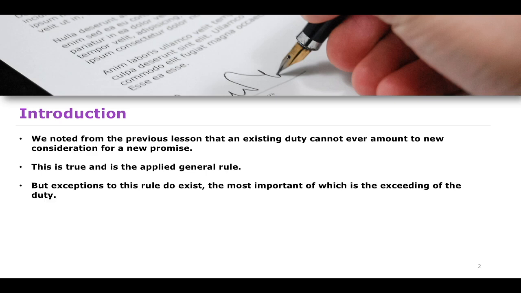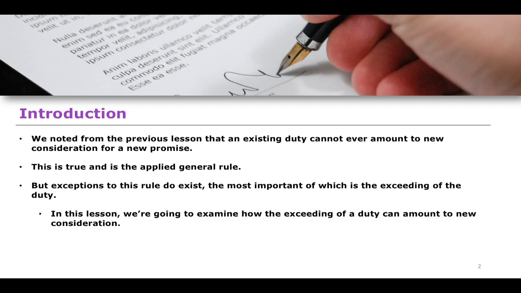The most important of these exceptions is where an individual is actually exceeding their ordinary amount of consideration for their original promise. This exceeding of consideration can represent a new form of consideration for a new contract. And we'll talk about how this can actually amount to new consideration in this lesson.